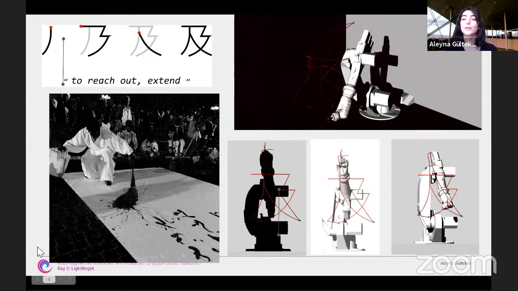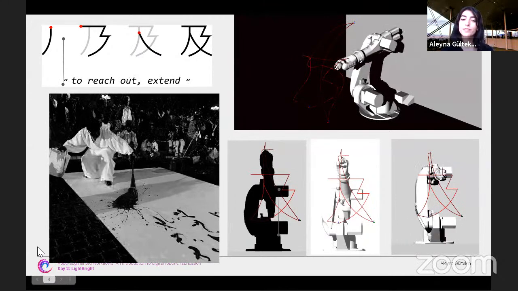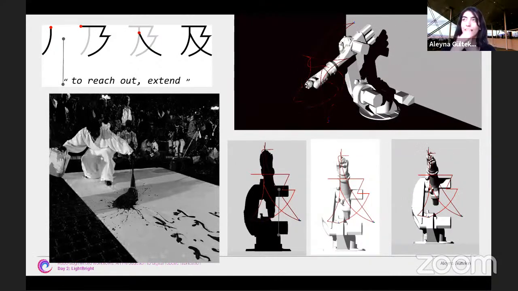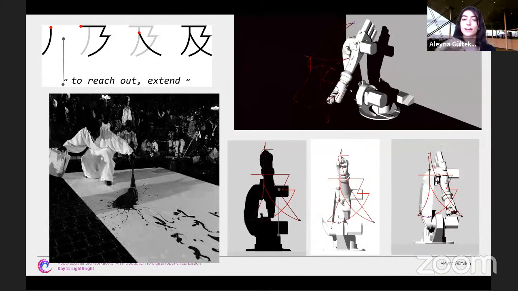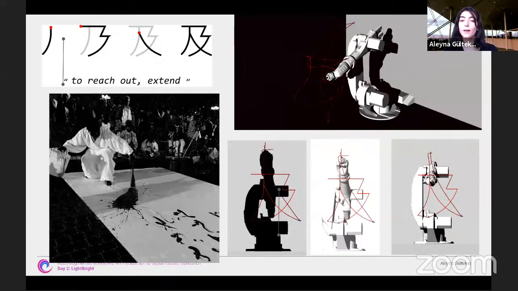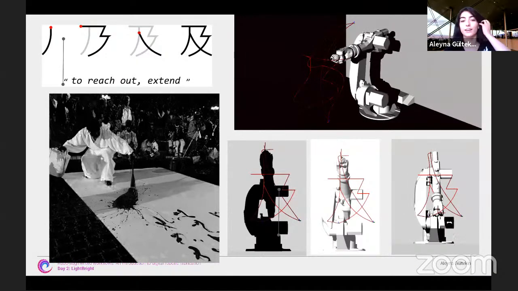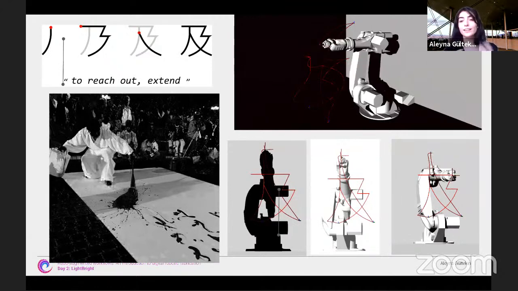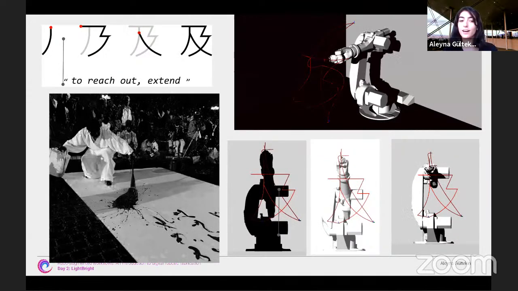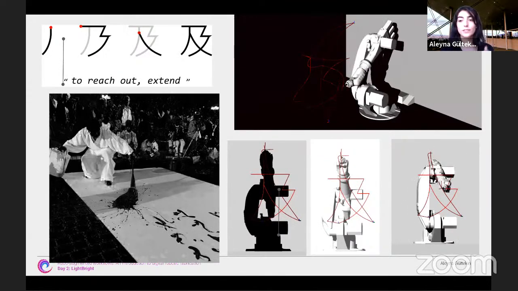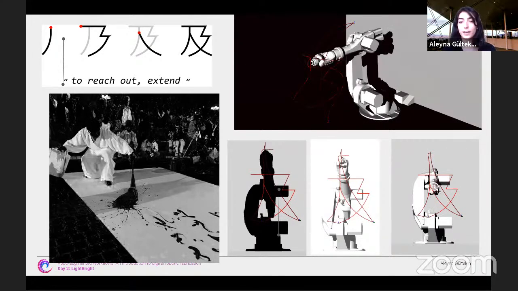When you guys showed us the Shakespeare example of how this light works, I was very inspired by that, and then I wanted to create something with shodo, which is a Japanese calligraphy art.